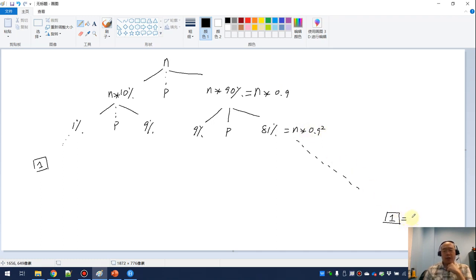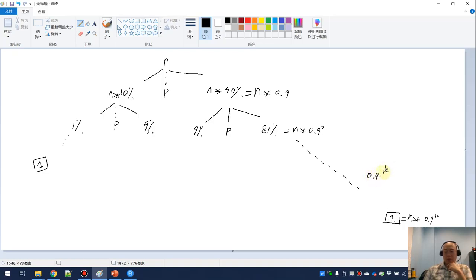This will be n multiplied by 0.9 to the power of k. This k will be the length of this tree structure. So what will this k be? Let me see, how about I do this?